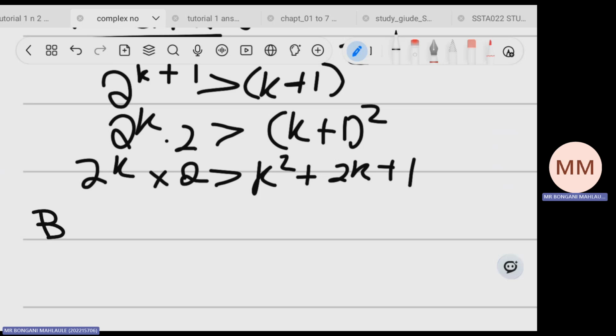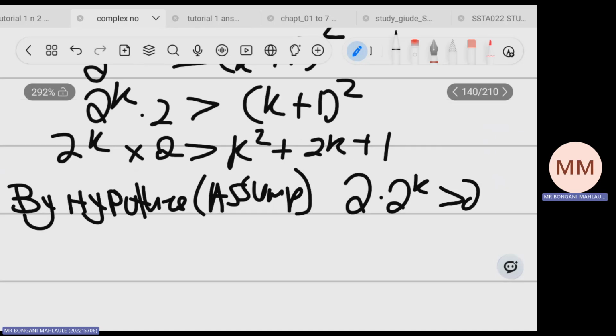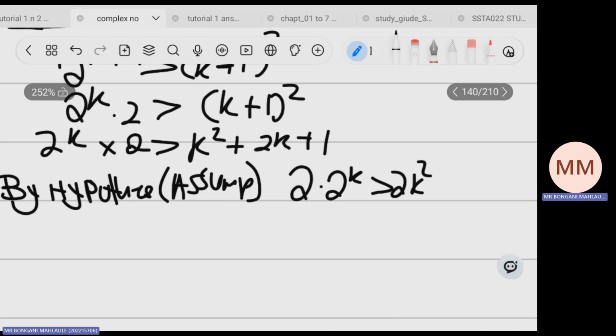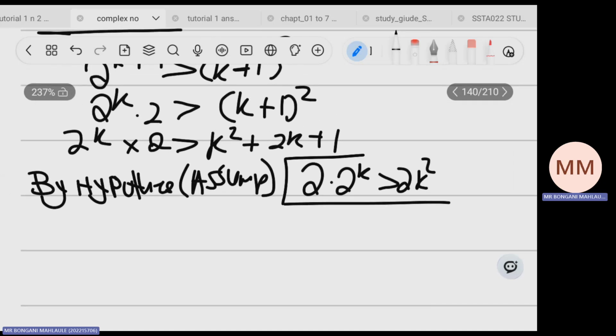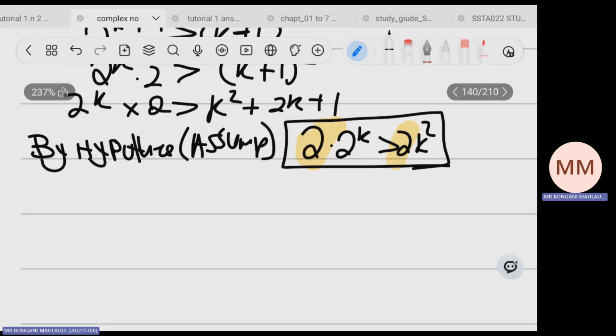So by hypothesis, or from the assumption step, we know that we assumed that 2 to exponent k must be greater than k squared, but even if we multiply by 2 both sides, it still holds, as long as it's an equivalent constant.